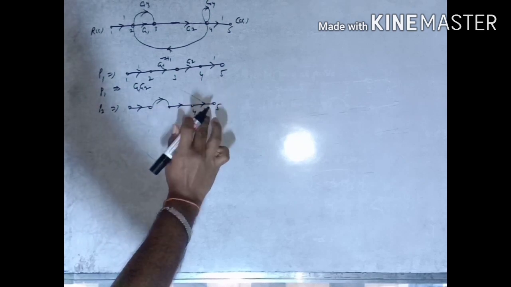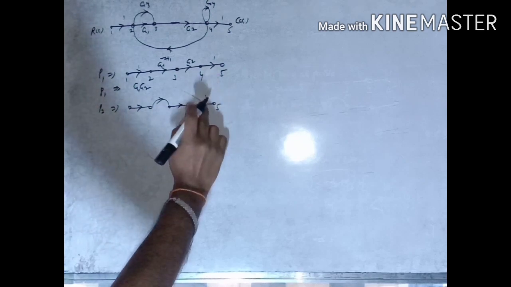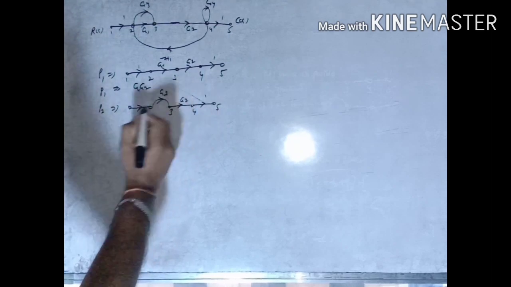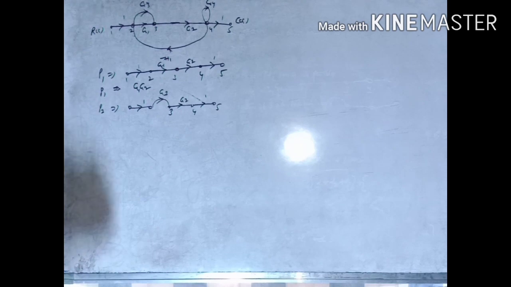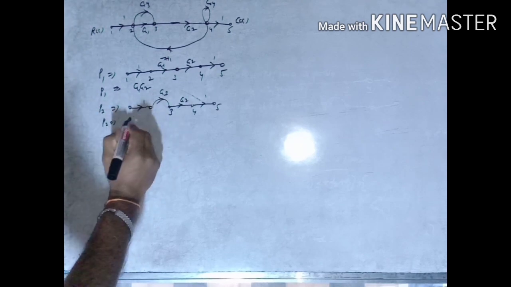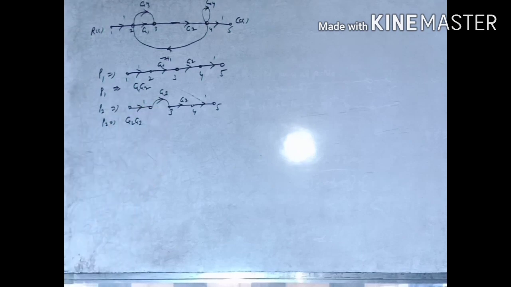Node 4 has a gain of 1, and node 3 has gain G2, G3, 1. So the product of the gains is P2 equals G2 G3.